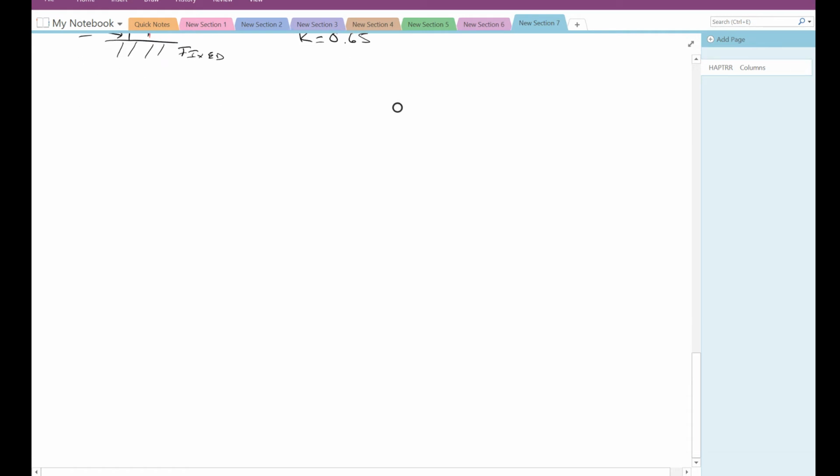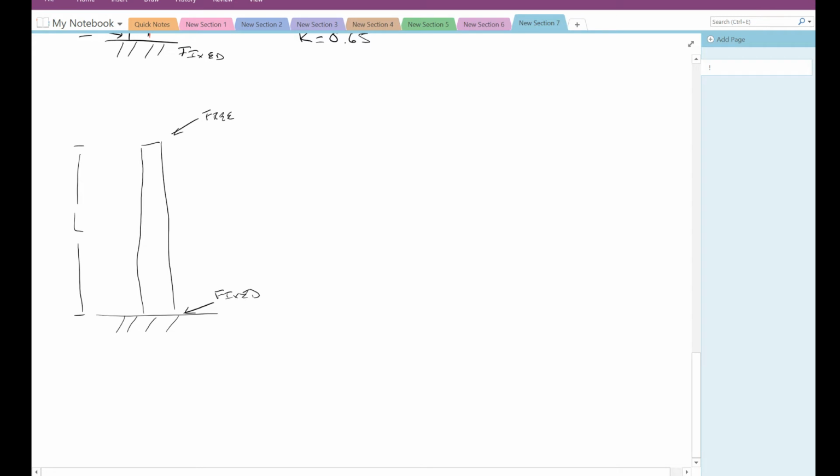Let's move on and consider a third example. Let's draw a base here, and we'll call this column. Let's try that again. Like so. And we'll say that this is the original length L here, where we have a fixed end, and then we have a free end, which is free to rotate and translate.